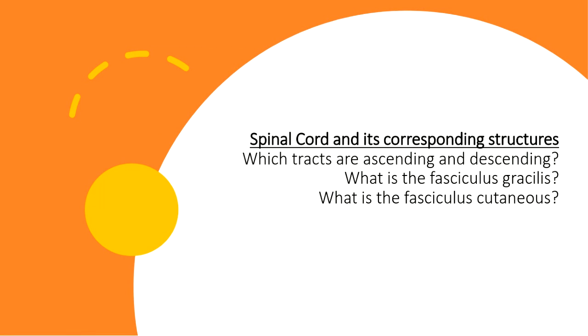All right. So we're talking about the spinal cord a little bit here now. So we have ascending tracts and descending tracts. Ascending tracts are sensory. And when we talk about tracts, we just mean the axons. Okay, and this makes sense because the axons going up to the brain are sensory.